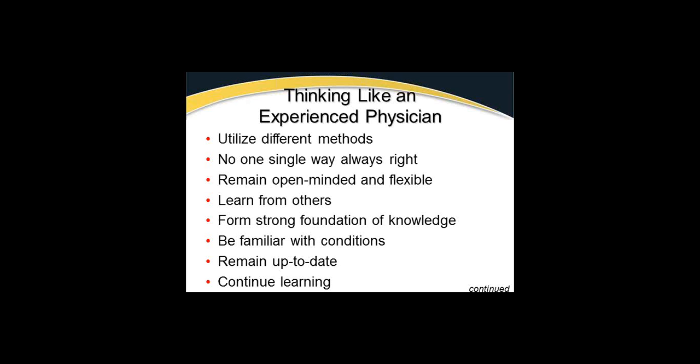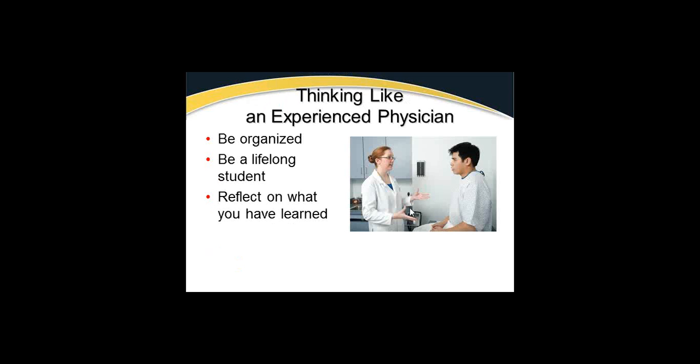Be familiar with conditions, and as conditions change, as new things pop up. In the late 80s, early 90s, there were these conditions that were coming out. They were making people very, very sick, and people were dying, and they were wasting away, and they had no immune system. The immediate assumption was that it was from either being an IV drug user or a homosexual, but they didn't fully understand what it was.